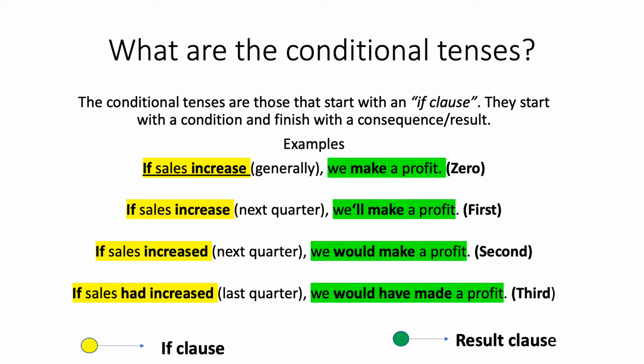So here we are talking about last quarter, and you will see each conditional type in detail. Those highlighted in yellow are the if clause, and the other one is the result clause.